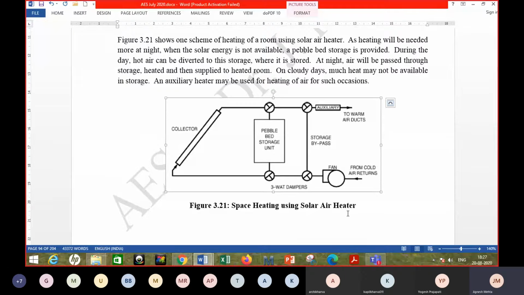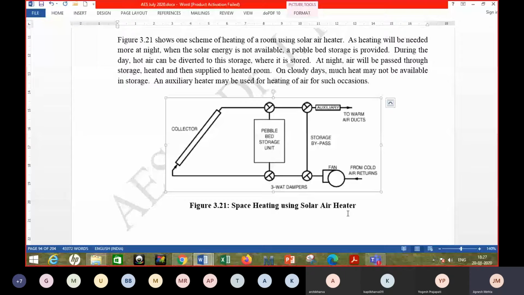So you are using some sensible heat storage, and you have found some economical and locally available material. That could be a pebble bed storage as it is shown here.